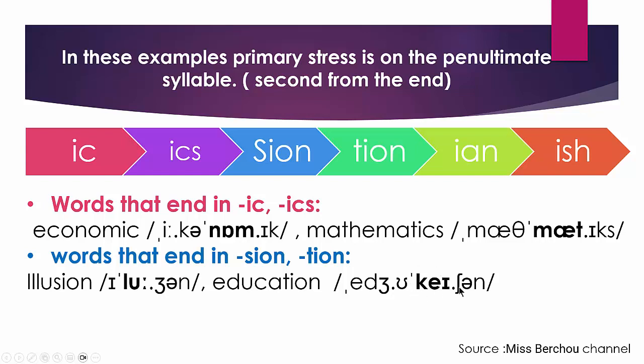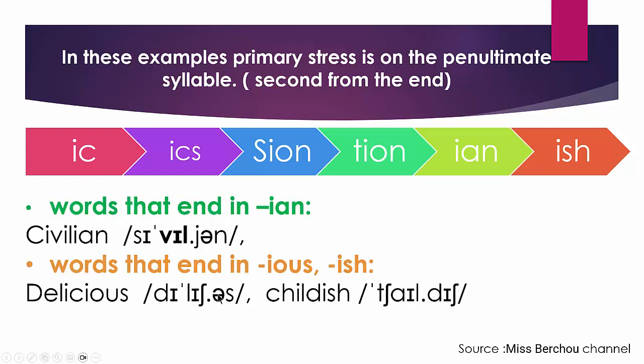So the primary stress is on ca. Words that end in ian, like civilian. Here, ian, 1, 2. The stress here. Words that end in ious, ish. I didn't write it here. So, okay, ious and ish, like delicious. Delicious.